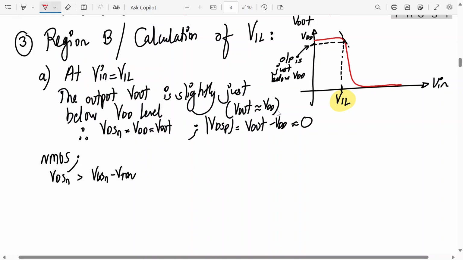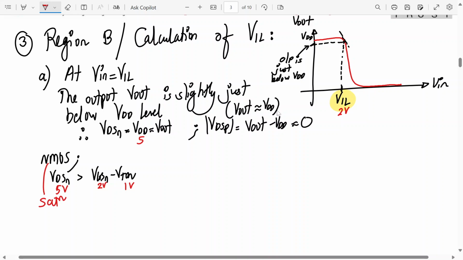Let's consider VTON is 1 volt. VGSN is around VIL, and let's say VIL is somewhere close to 2 volt. And what about VDSN? This is at 5, VDD is 5 volt. So definitely this is greater. So NMOS is in saturation.